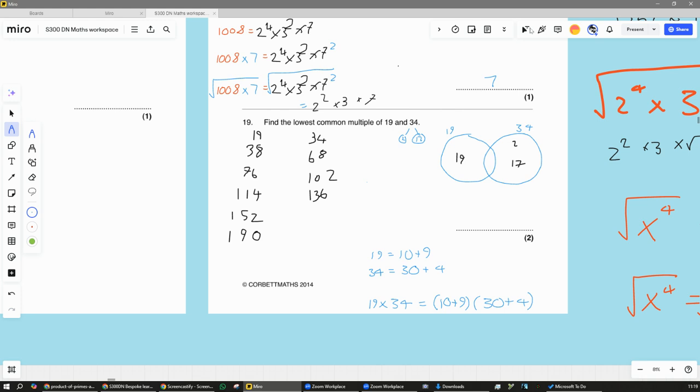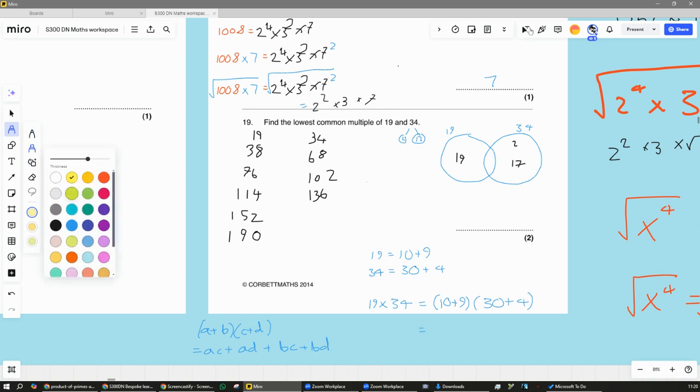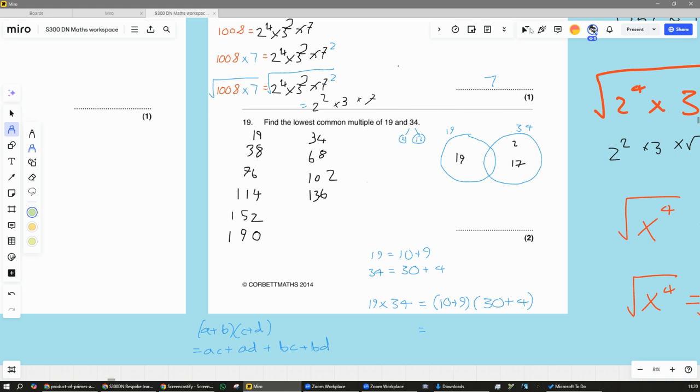We know how to expand out double brackets, because whenever we do a plus b multiplied by c plus d, we get a times c plus a times d plus b times c plus b times d. So that's really what we're doing. Let's just highlight them so we can more easily follow what's happening.